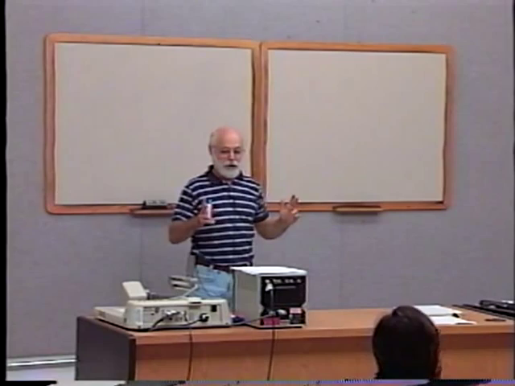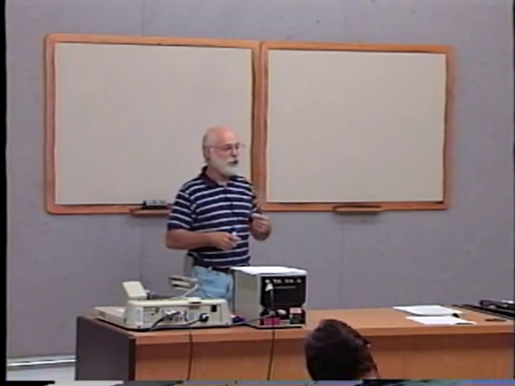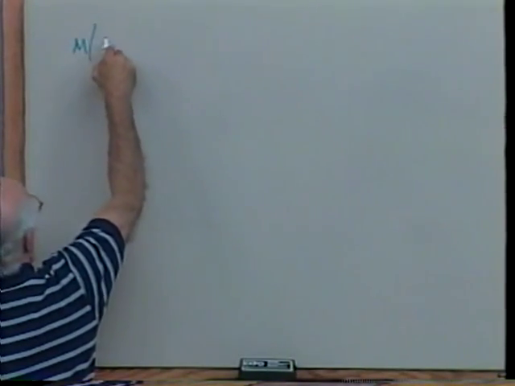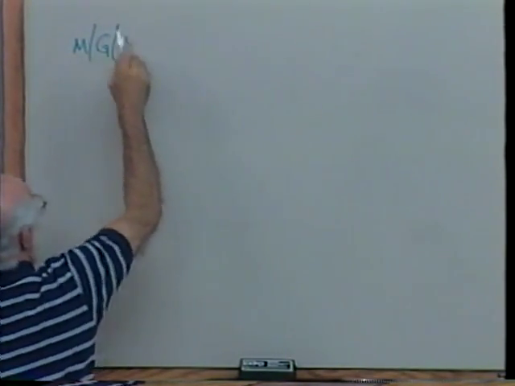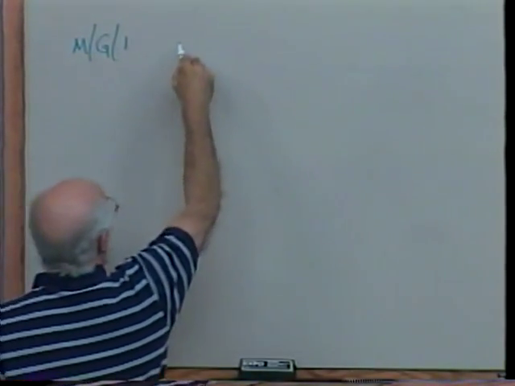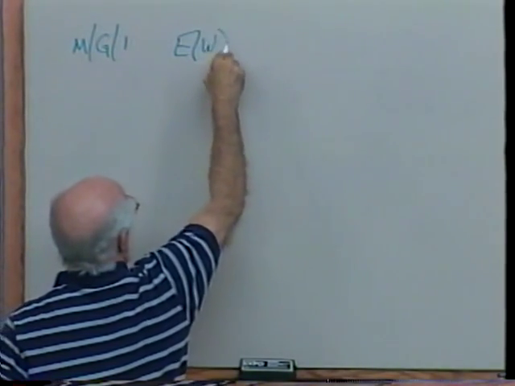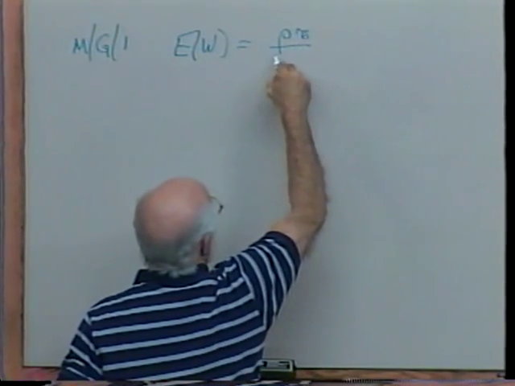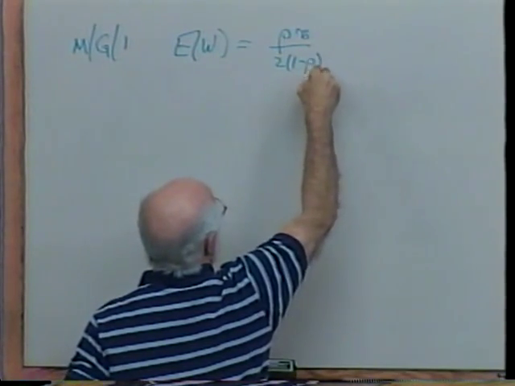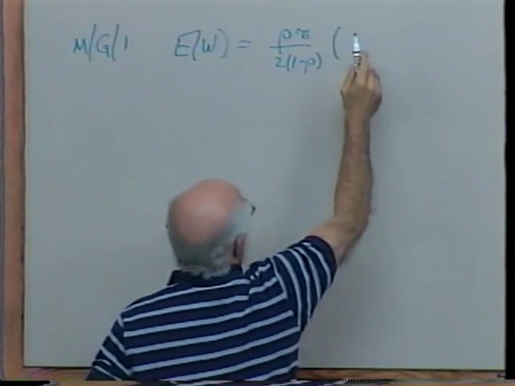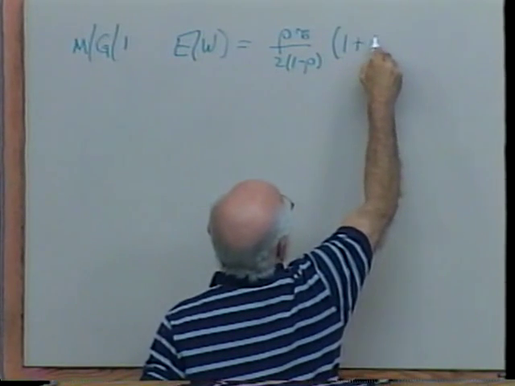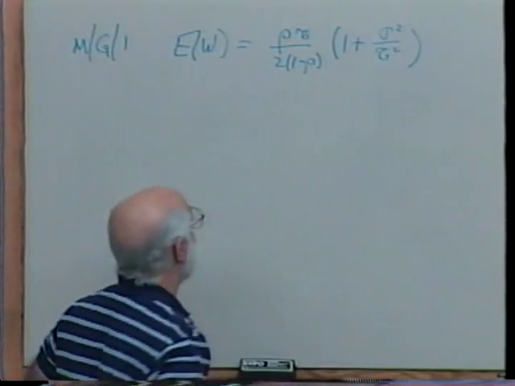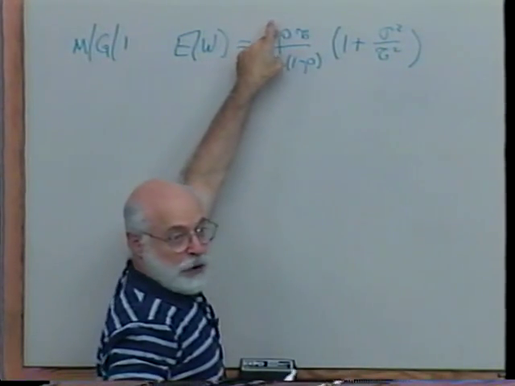Using all of those arguments, we were able to come up with an intuitive argument as to why in M/G/1, Poisson input, general service times, one server, the expected value of the waiting time had a certain formula, namely rho times tau divided by 2 times 1 minus rho times 1 plus sigma squared over tau squared, where in this formula, rho is the utilization of the server.